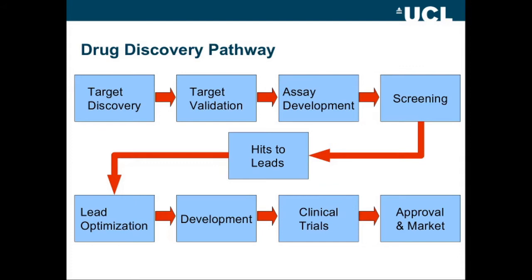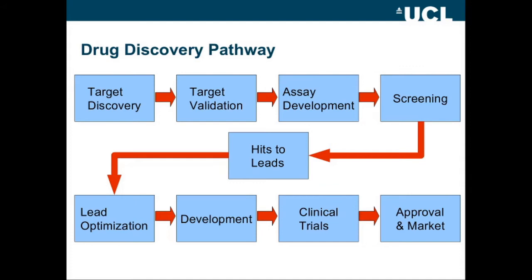Having a good, reliable assay which allows us to detect whether a drug is having an effect is obviously critically important. We can then move on to screening, i.e. testing potential drugs or drug fragments, and that can be done in silico or it can be done in vitro. From there, we move from these initial hits to lead molecules, then on to lead optimization, drug development, clinical trials, and finally, one hopes, approval and market.